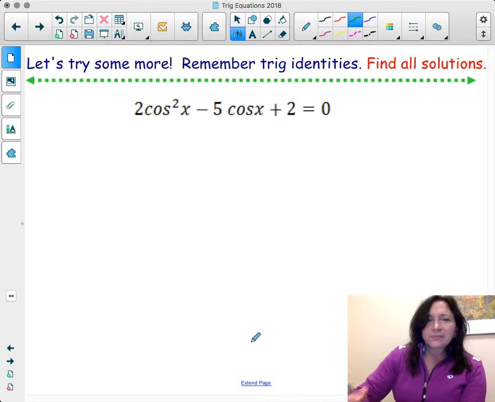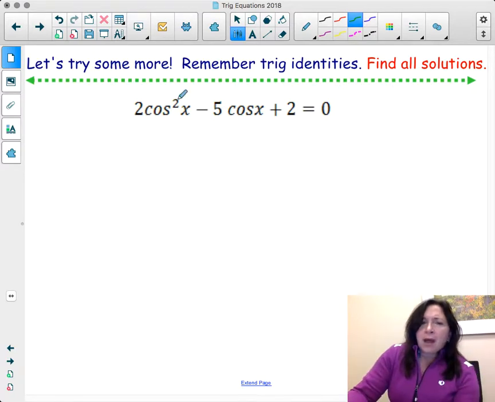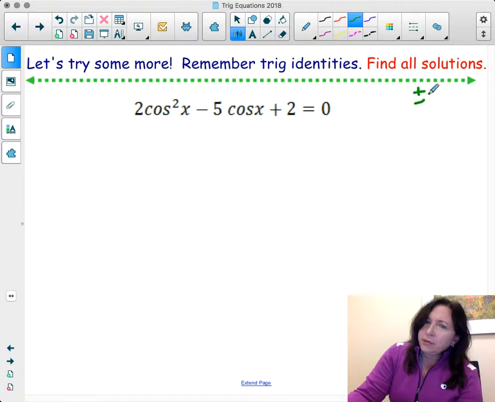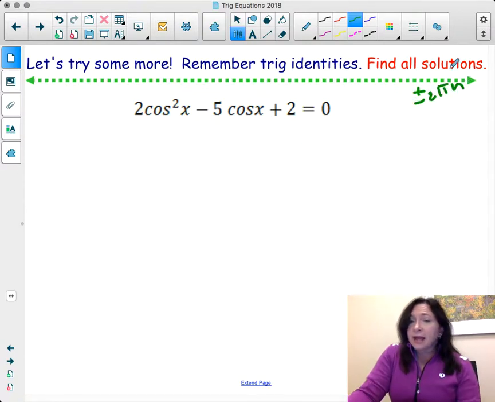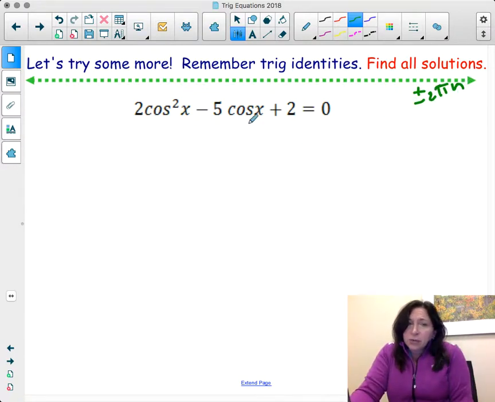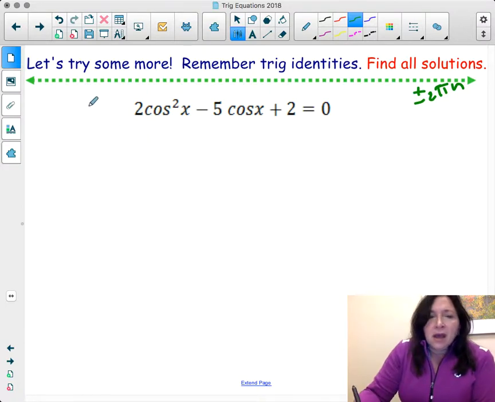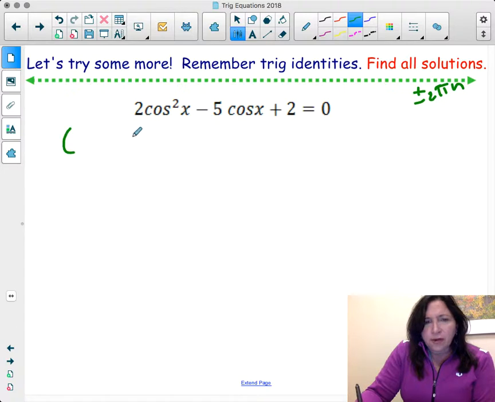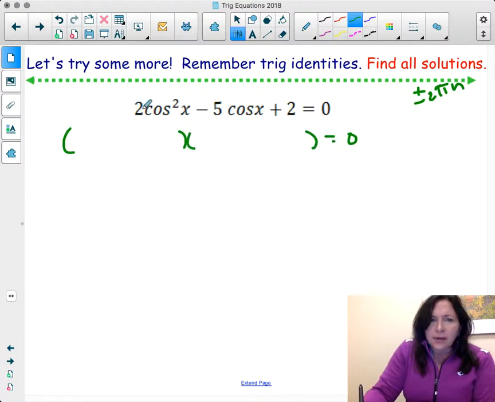Keep going. For this problem, I'm trying to find all the solutions. And again, my answer will be plus or minus 2 pi n, unless it's a tangent, which it's not, so I don't have to worry about that. This looks like a quadratic, and I'm going to try to factor that, equals 0. It's going to be 2 times cosine of x times cosine of x.